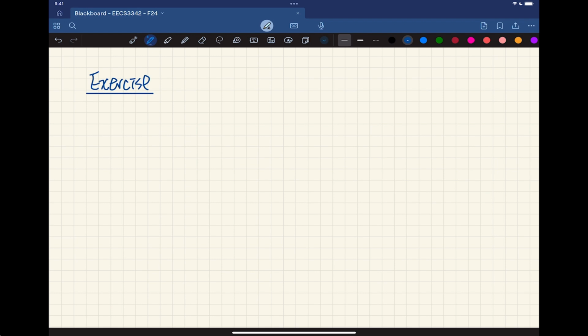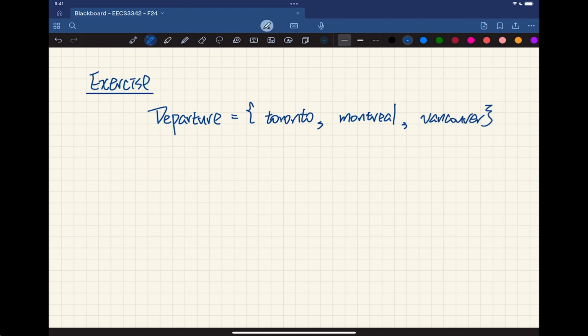Okay, so now let's say we've got departure city. It's a set. Think of it as a carrier set. And then we've got Toronto, Montreal, and, if you don't mind, I'll only put Canadian cities, Vancouver. 3.